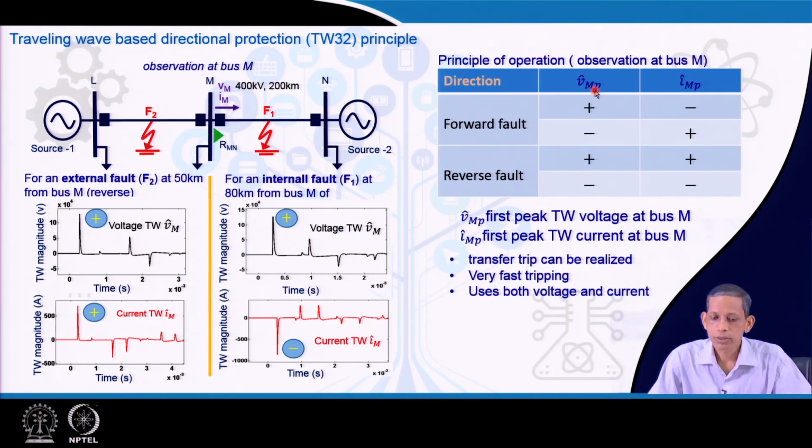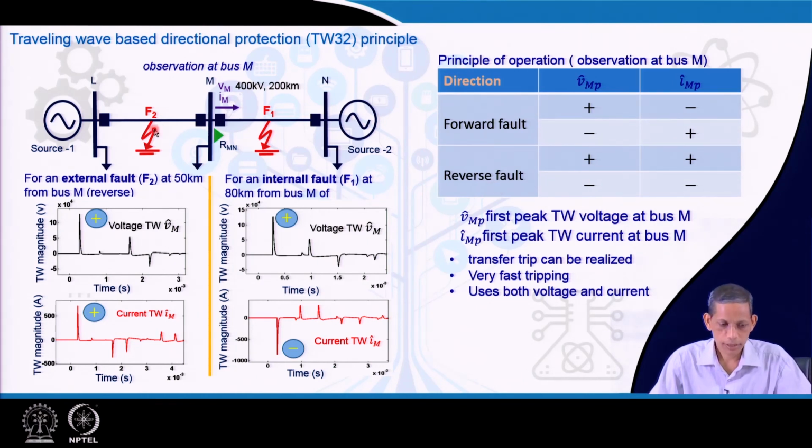So, the conclusion, the principle of travelling wave based directional, is that for a forward fault on this side, voltage is positive and current negative, and if voltage is negative, the associated current will be positive.